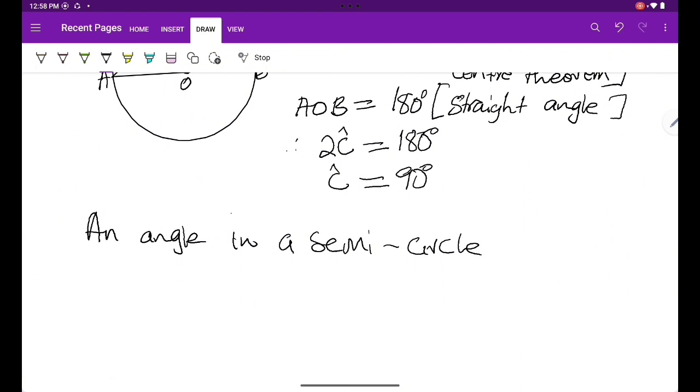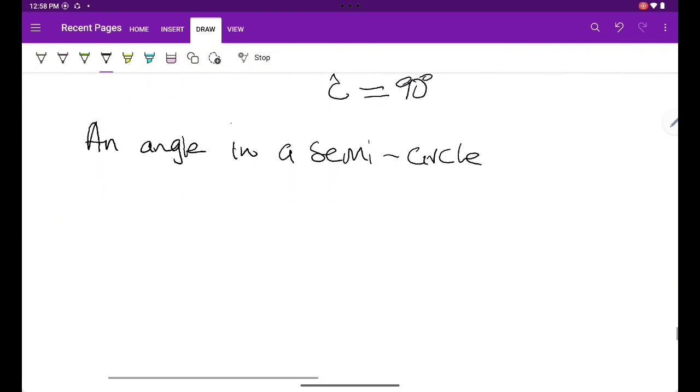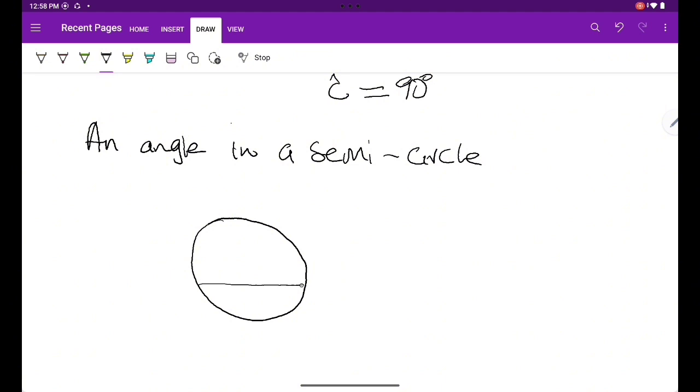But even if we see a circle and we see a chord subtending an angle of 90 degrees, let's say chord AB subtending angle C, and angle C is 90 degrees.